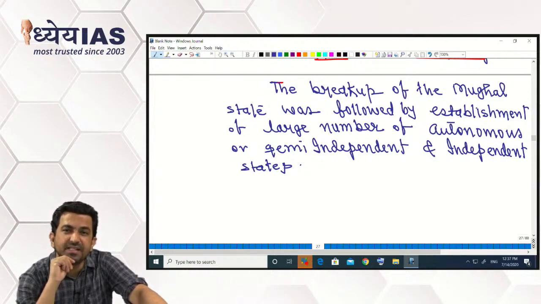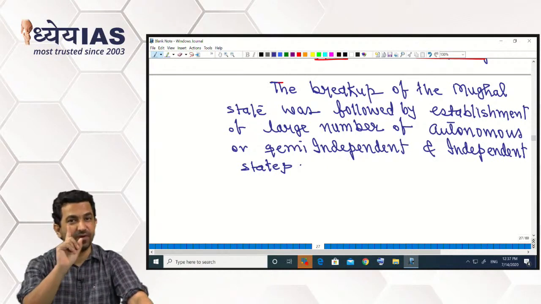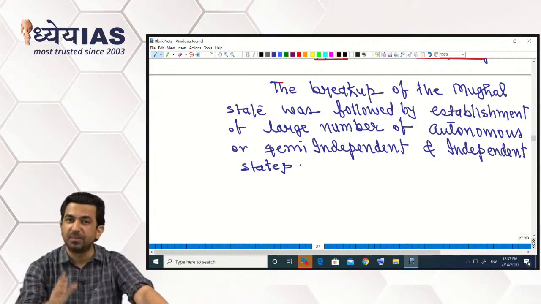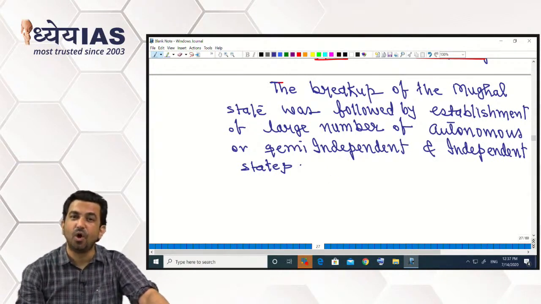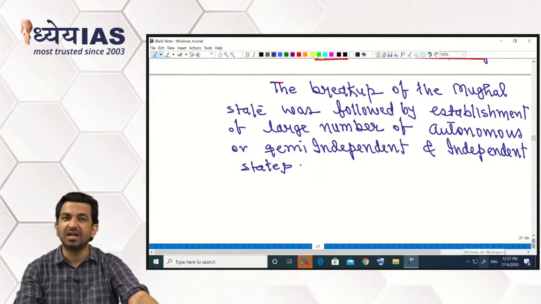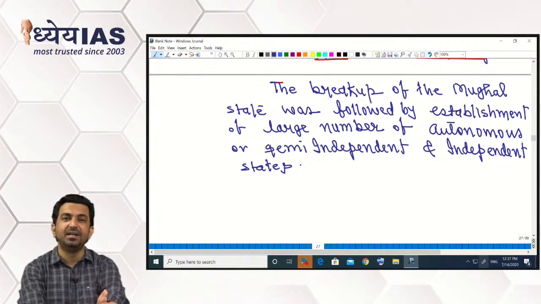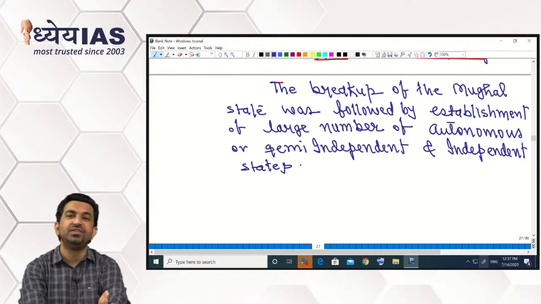So eventually in 1719, the Sayyid brothers killed the Mughal emperor Farrukhsiyar. This had happened for the first time, that a Mughal emperor was killed by the nobles or courtiers.